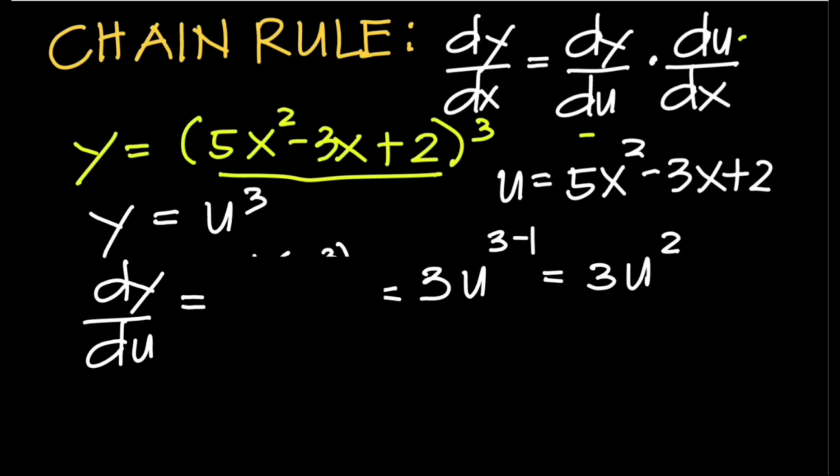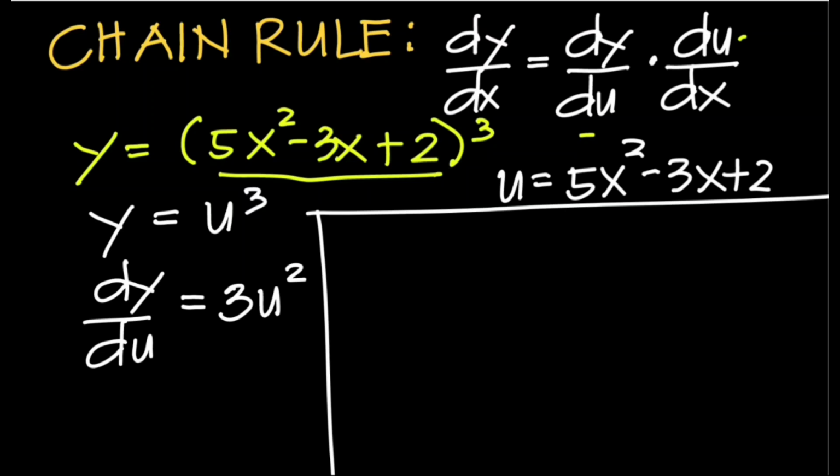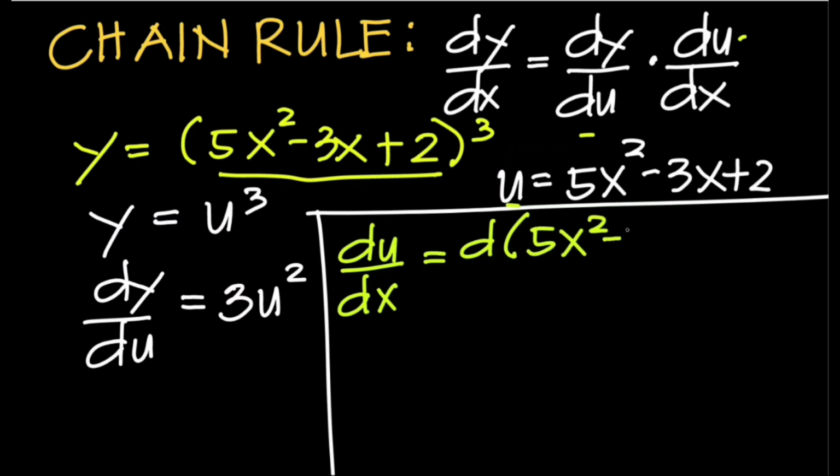Let's delete this. Now we can solve for du over dx. So du over dx is just the derivative of u. U here is 5x squared minus 3x plus 2 with respect to x.